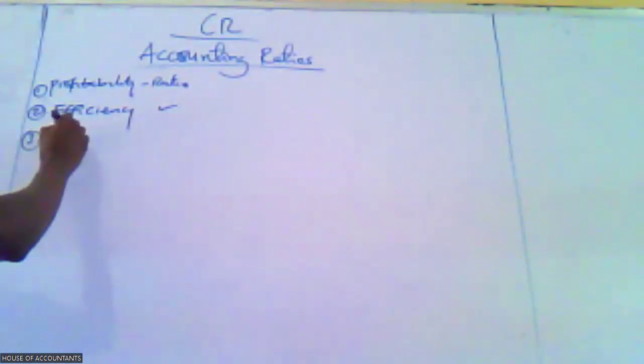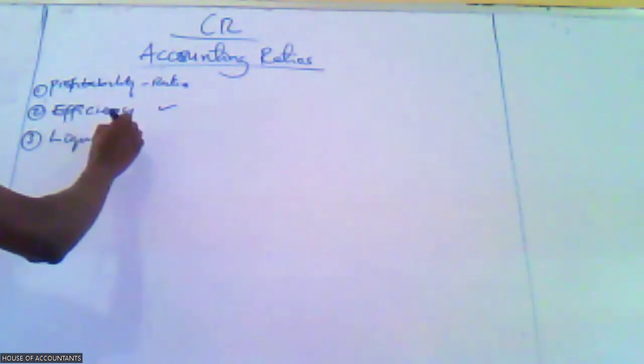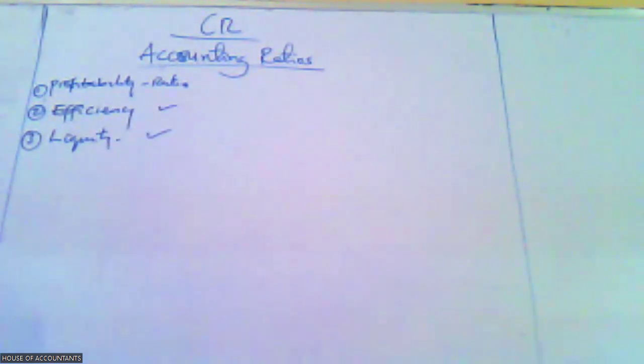We have liquidity ratio. That is what they use to test most. Those three: profitability, efficiency, and liquidity. Then the other one they can now test is when they are talking about the debts, gearing ratios.